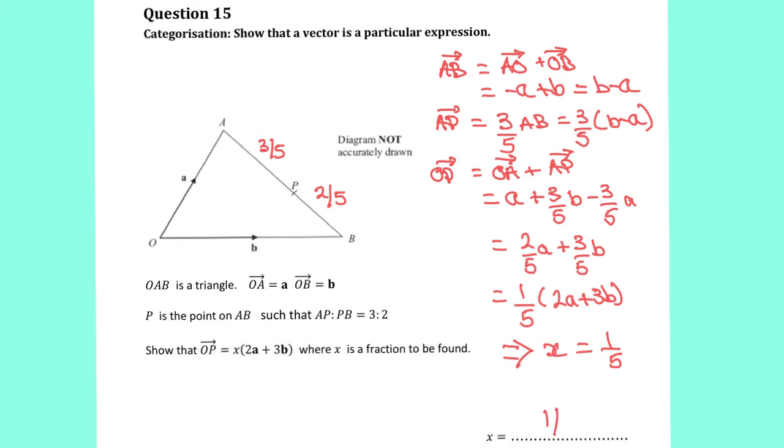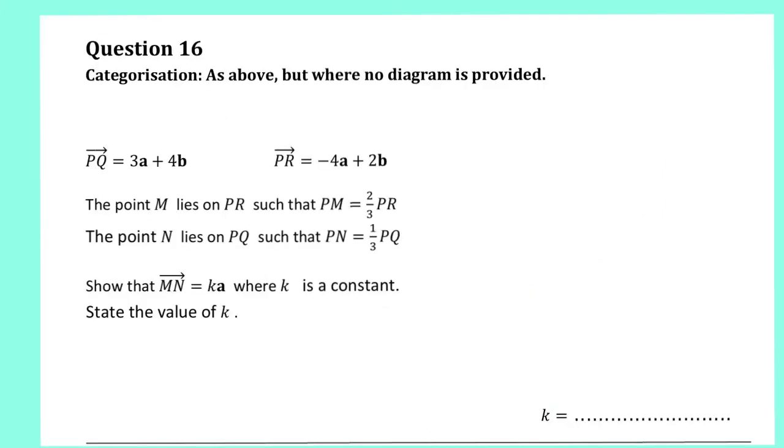So x equals 1/5. In this question, we are not given a diagram. We are given two vectors. So we will first have to draw our own diagram. So we are told that vector PQ is equal to 3a plus 4b.